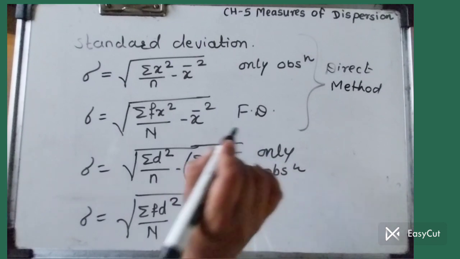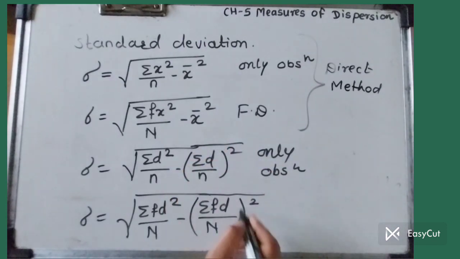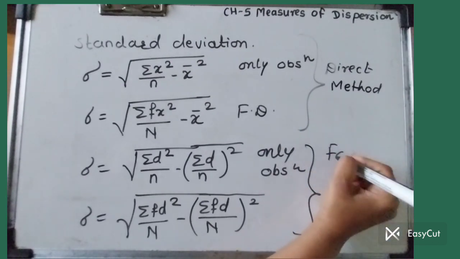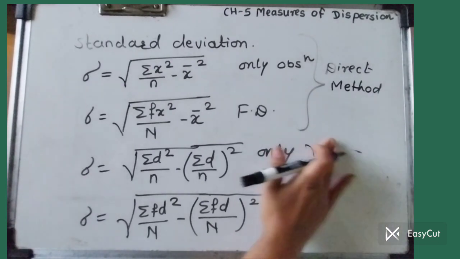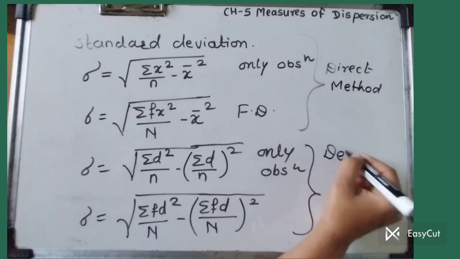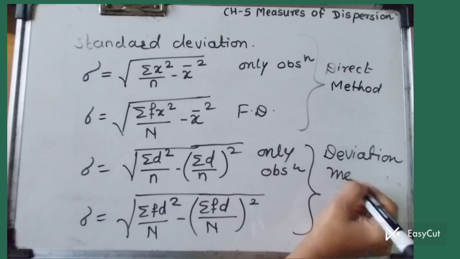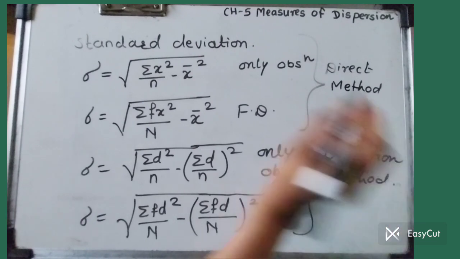It is also in a square. So these two formulas, we call the deviation method.